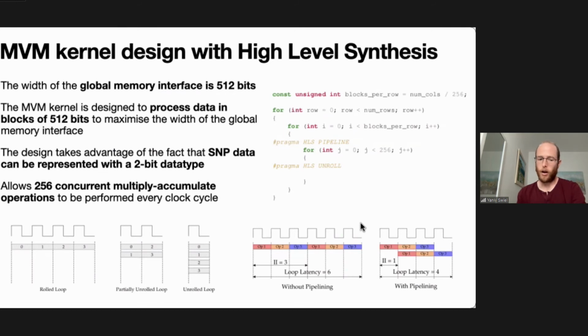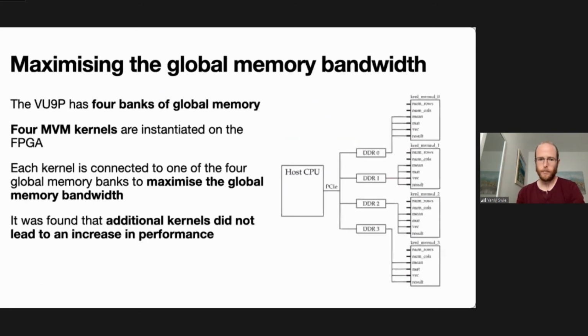This allows one block of genotype data to be processed every clock cycle. The outer loop, which loops over the rows of the genotype matrix, is not pipelined, as the HLS compiler would attempt to unroll the intermediate loop, which would induce data dependencies and significantly increase the hardware utilization of the kernel.